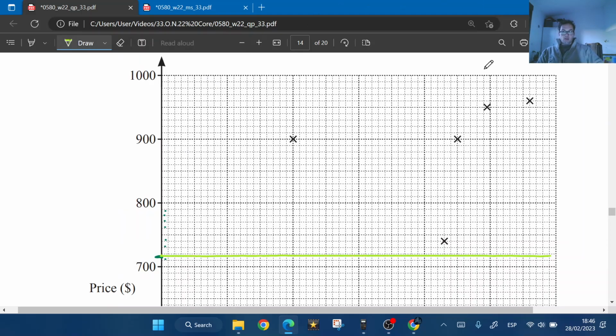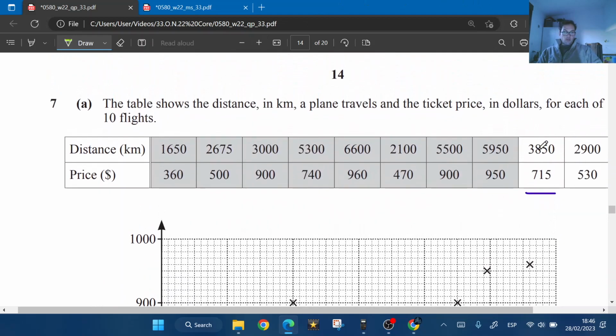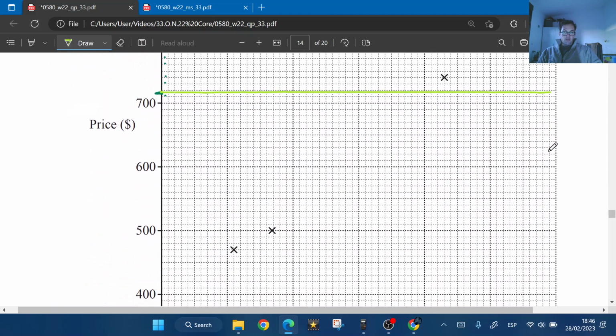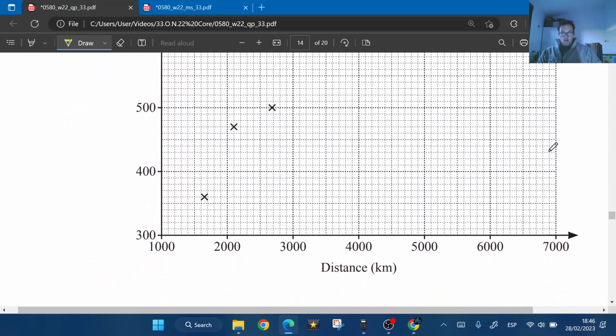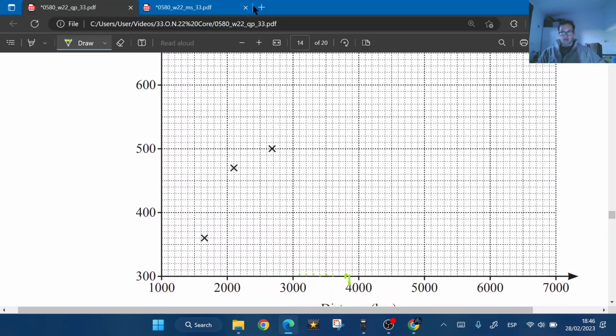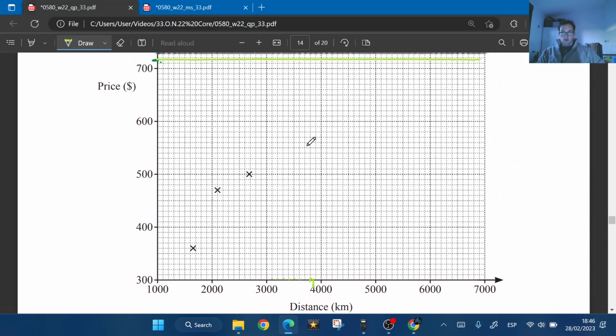Okay, so that, and then the point we've got to plot with is 3,850. So where would that be? Well, there's 3,000 here. Again, we've got 1, 2, 3, 4, 5, 6, 7, 8, 9, 10. So 3,800 will be there, and 50 will be halfway. So that's where we will need to draw the line. Let's zoom out a little bit.